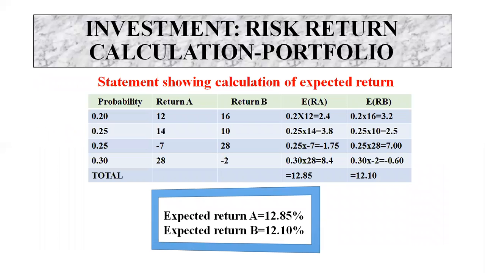This statement shows the expected return from A and B. We know that expected return is calculated by multiplying returns with probabilities and then adding the results. So expected return of A is 12.85 and expected return of B is 12.10. So return wise A is better than B.